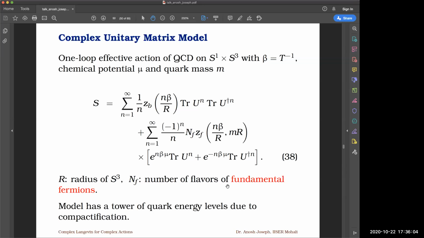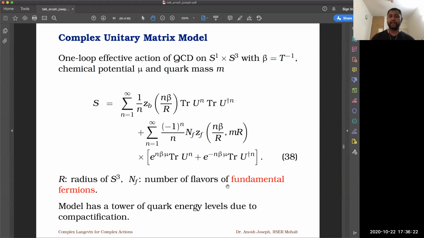Sorry, Anosh, another naive question. On your starting theory, from the S1 side you put a phase factor for fermions at the boundary. For the S3 compactification, what do you do? For the gauge fields, I believe it is periodic. Here beta is the inverse temperature.